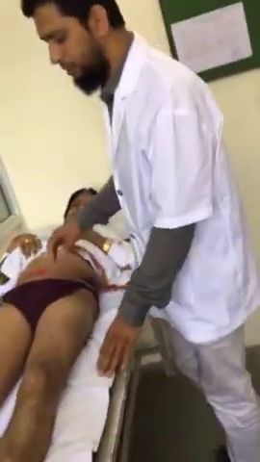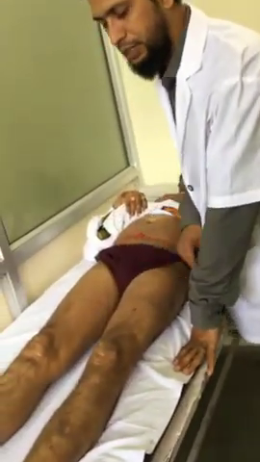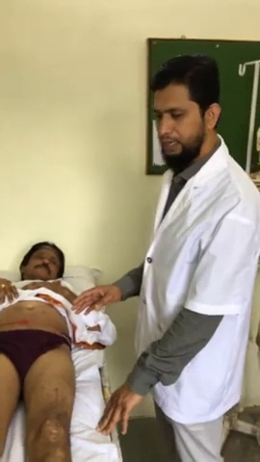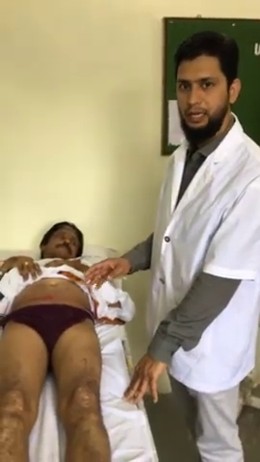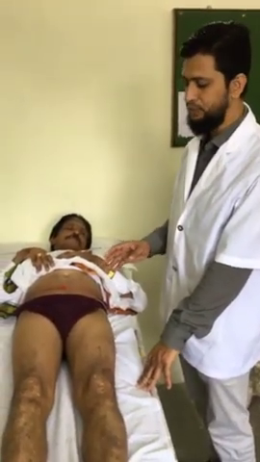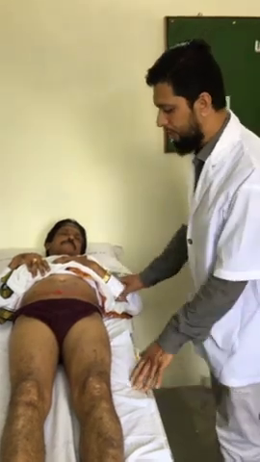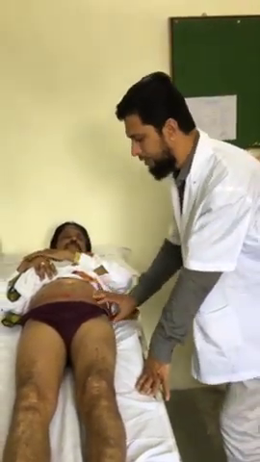Now we have to see whether there are any scars, sinuses or swelling which is evident from outside. Sometimes you might notice wasting of the thigh muscles, that you have to mention. If the anterior superior iliac spine is clearly visible, then you have to mention whether it is proximally migrated or not, or whether the pelvis is square.